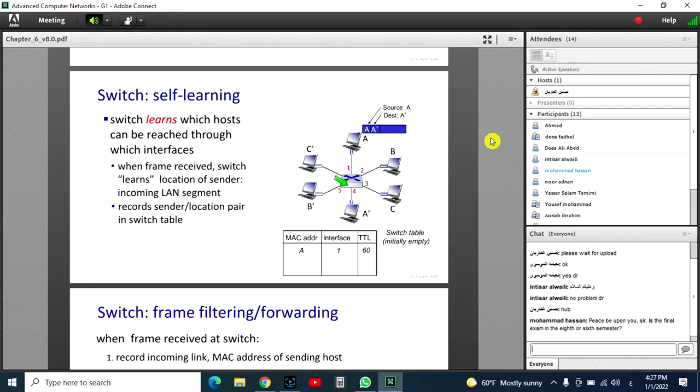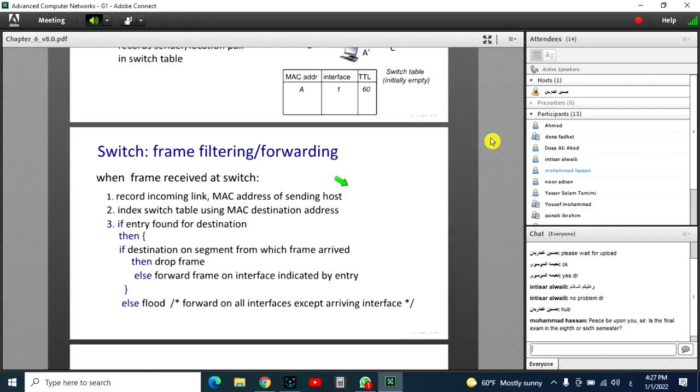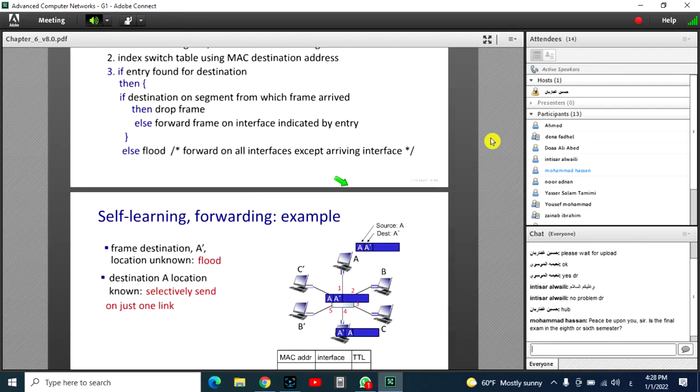So as soon as a system sends the first packet, only the first packet, the switch learns the position of that system inside the network. But the hosts inside the network can never understand the position of the switch, because the switch is transparent from their point of view, from their sides. Okay.